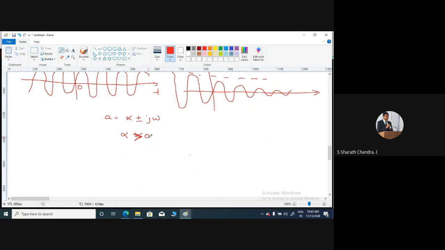Whenever alpha is greater than 0, you see the shape in the opposite direction. That means the sinusoidal signal goes on increasing in this way.